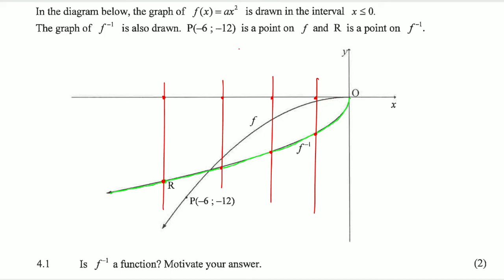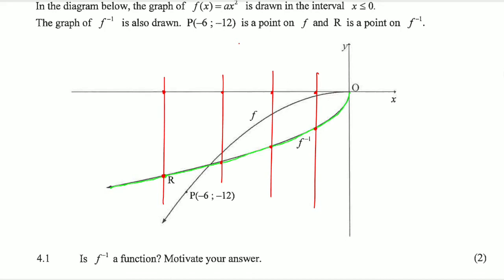So let's write down our answer. Is f inverse a function? Yes. And we need to motivate our answer. So for every x value, there is only one corresponding y value.